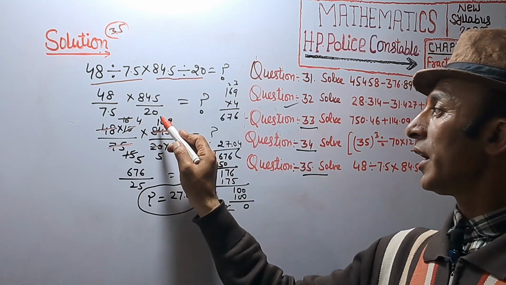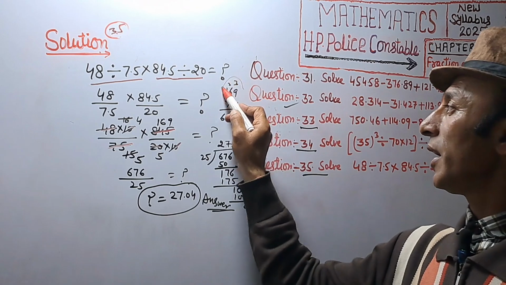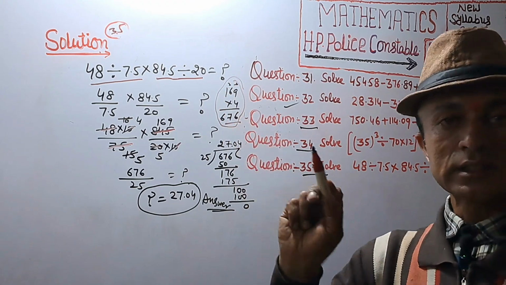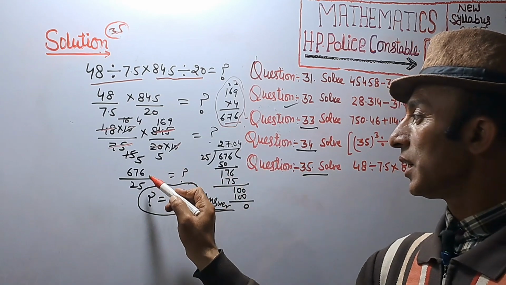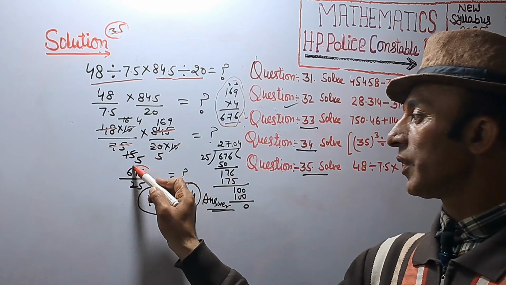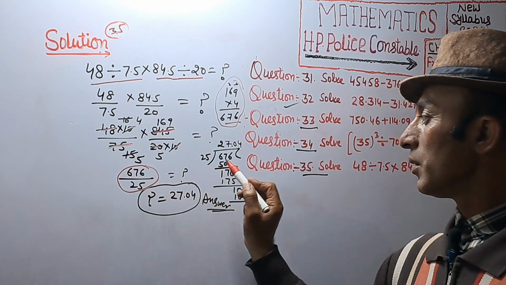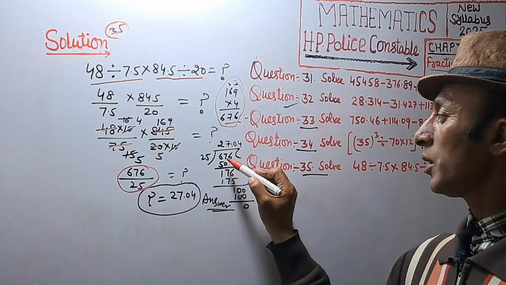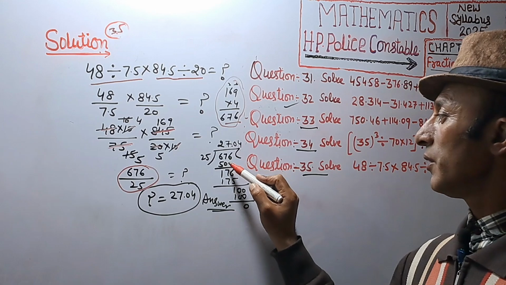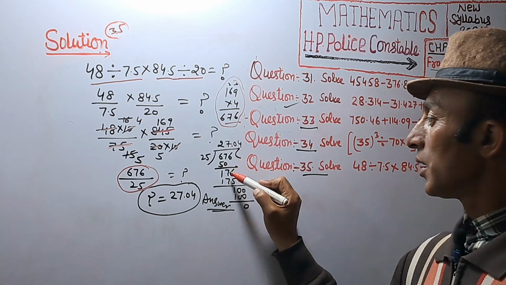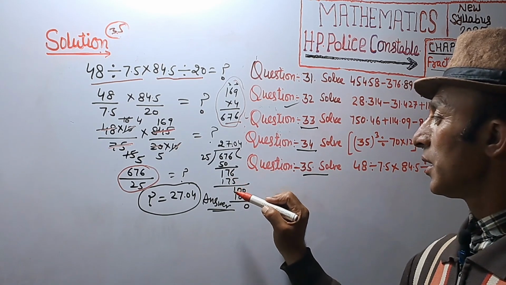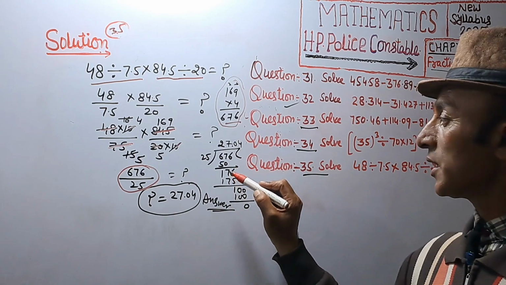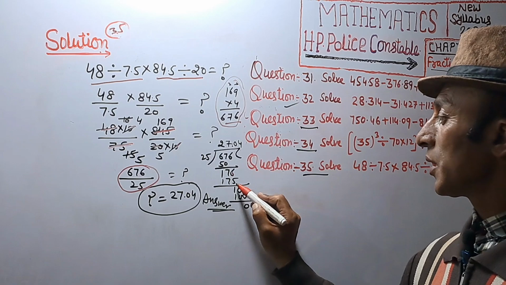So we get 169 multiplied by 4 equal to 676, divided by 5 5s are 25. We are dividing 676 by 25, 25 2s are 50, then we get 17 and 6, that is 176. 25 7s are 175.